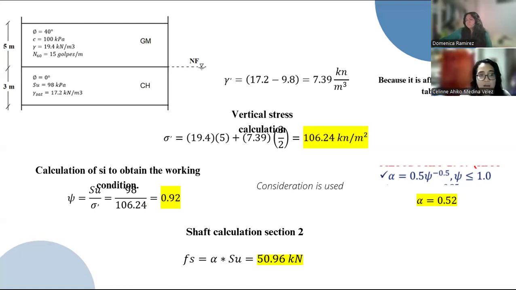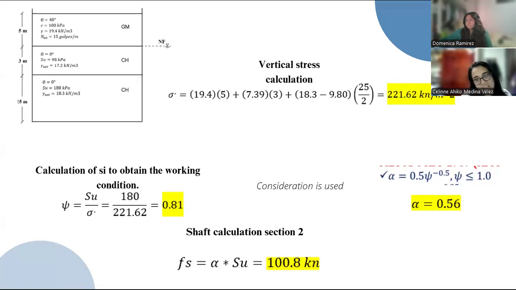After that, we have the Su data and the vertical stress, so we can find the C. With the C, if the C is lower than 1, we can use the consideration that we have in the photo. After that, we can make the calculation, and the shaft in the calculation for section 2 is 15.96 kilonewtons.